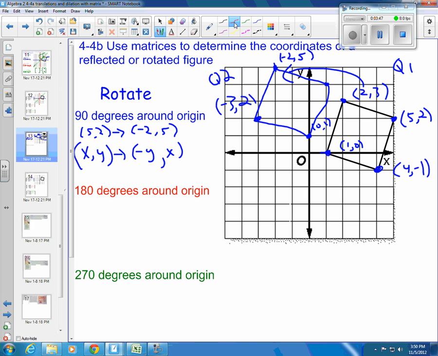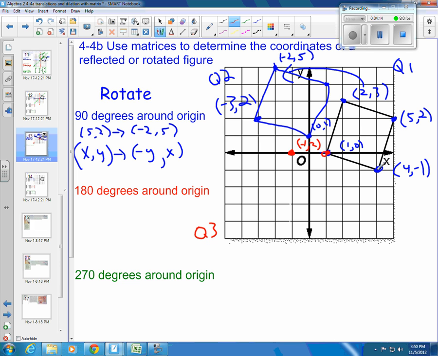So then we can look at rotating it 180 degrees around the origin. So that means if I'm in quadrant 1, I'm going to end up in quadrant 3. I'm going to end up down here. So I've got to move 2 quadrants to go 180 degrees. So this point right here would go from the x-axis to the y-axis back to the x-axis, and so now its new coordinate is negative 1, 2.